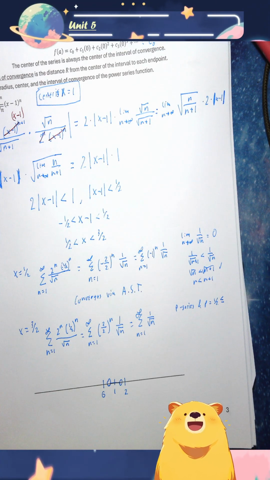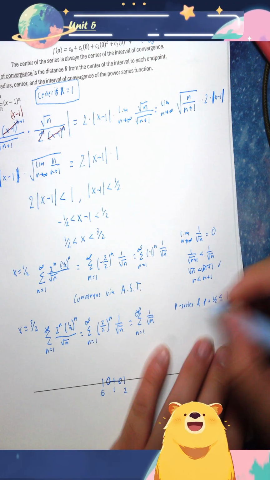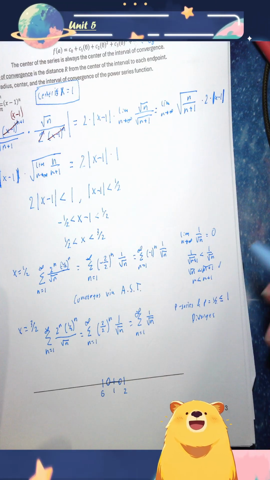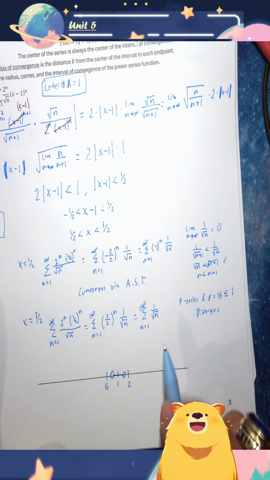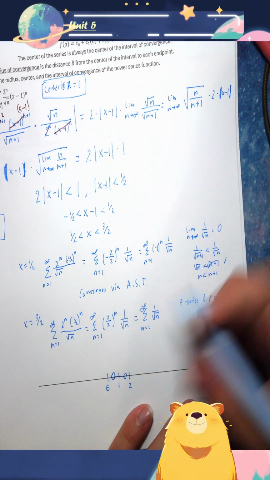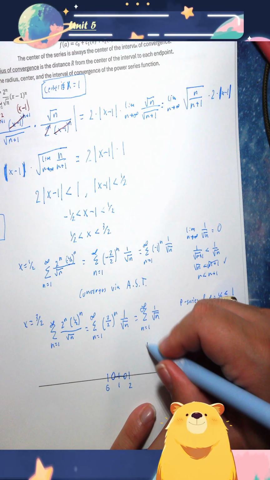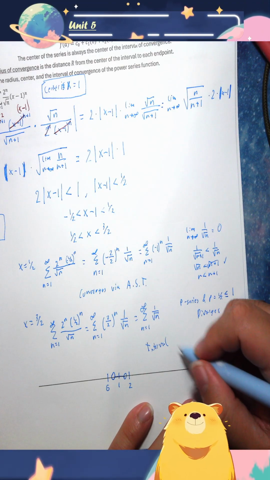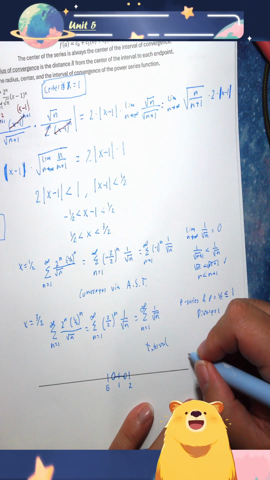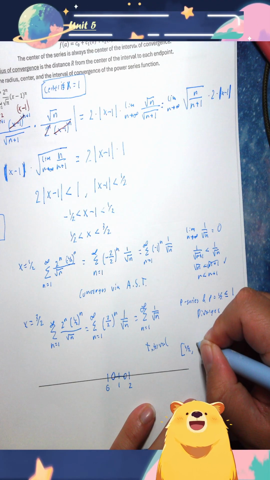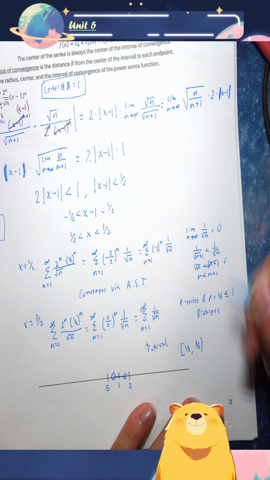What was I saying? Whenever it's less than or equal to 1, it diverges. So that means we have a similar situation where the interval for x is going to be a bracket at 1/2, and it's going to be a parenthesis at 3/2.